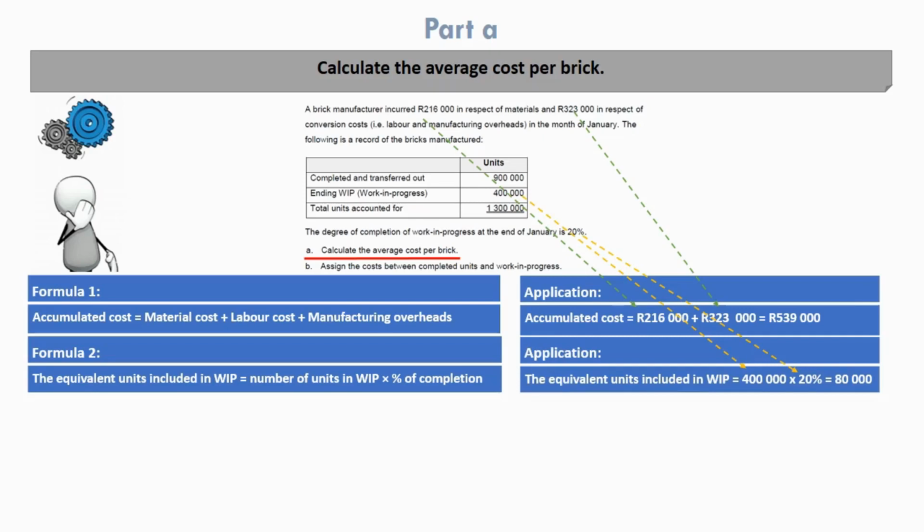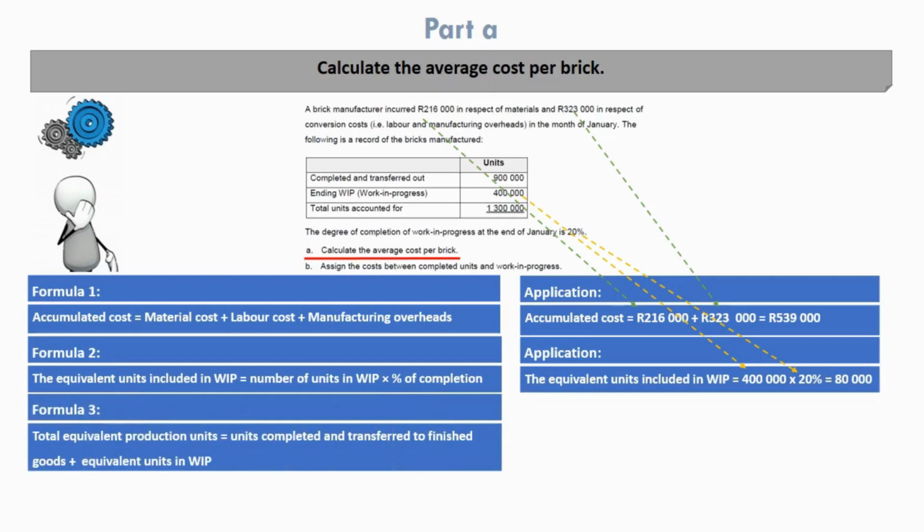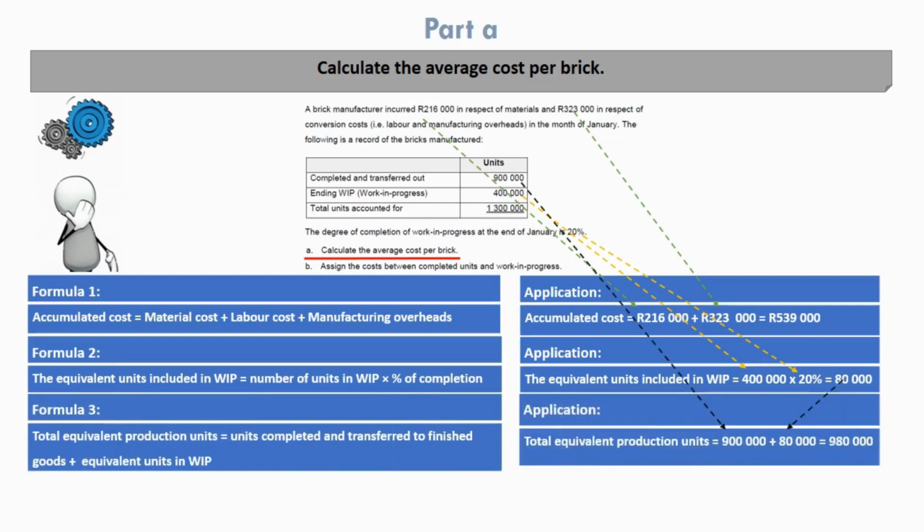The next step is to calculate the total equivalent production units. You find this by adding the units completed and transferred to finished goods to the equivalent units in work in progress. In this scenario, 900,000 units have been completed and transferred, and if we add this to the 80,000 equivalent units in work in progress, we'll get a total of 980,000 units.